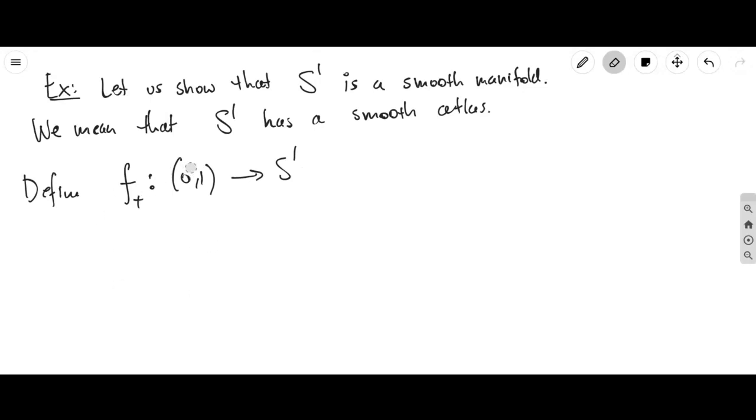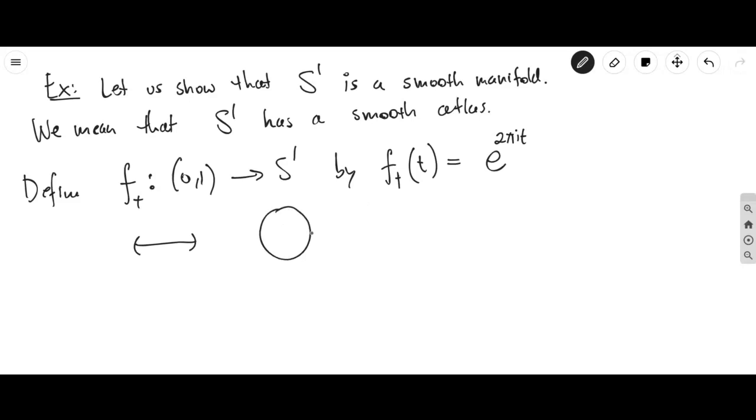So we're going to define a map from (0,1) into S1 by the rule that F plus of t is going to be equal to e to the 2 pi i t. And the way you can visualize this, if this is the open interval and this is your circle, there is a hole over here because 0 and 1 come together and meet right there.